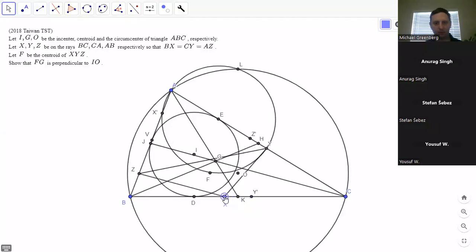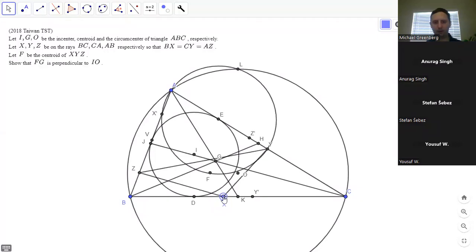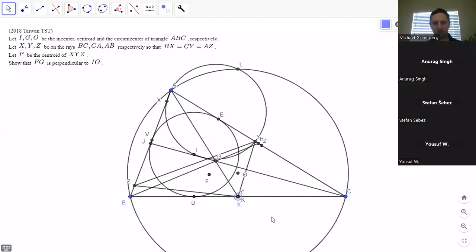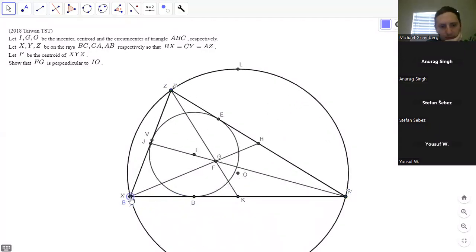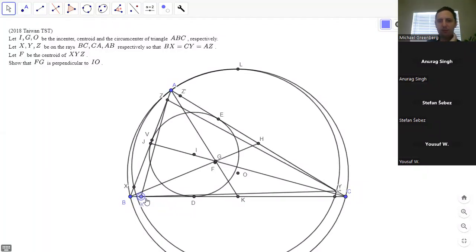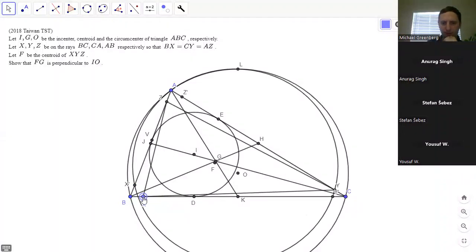Let me see, I wonder if there's a point X which makes AZXY cyclic, but I don't think so. What happens as X approaches B? As X approaches B, F approaches G, but we need to show that it's in a direction perpendicular, which is not that easy.